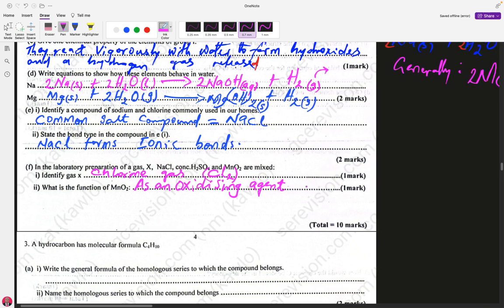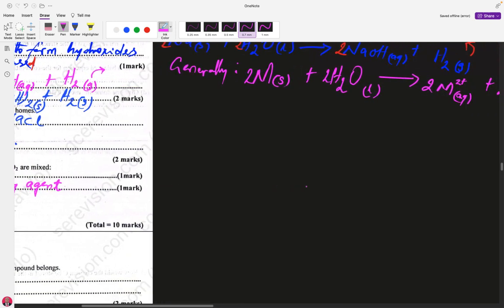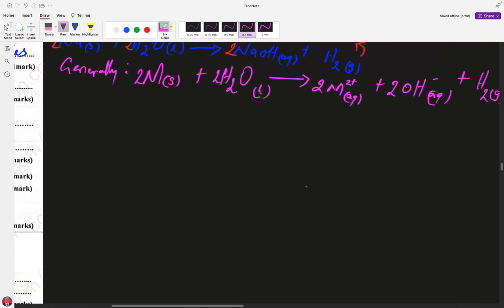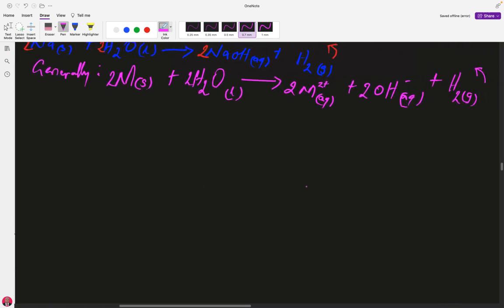Okay, for the purpose of revision, how does this work? I'm doing it because on subsequent occasions you might still find it in your exams. Let me write the equation for you.